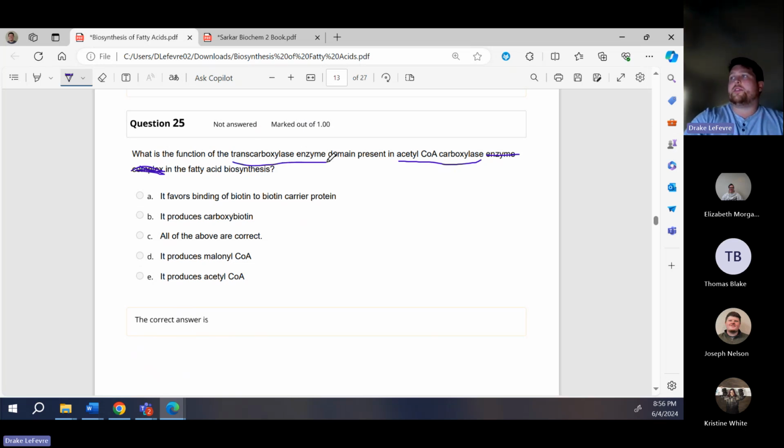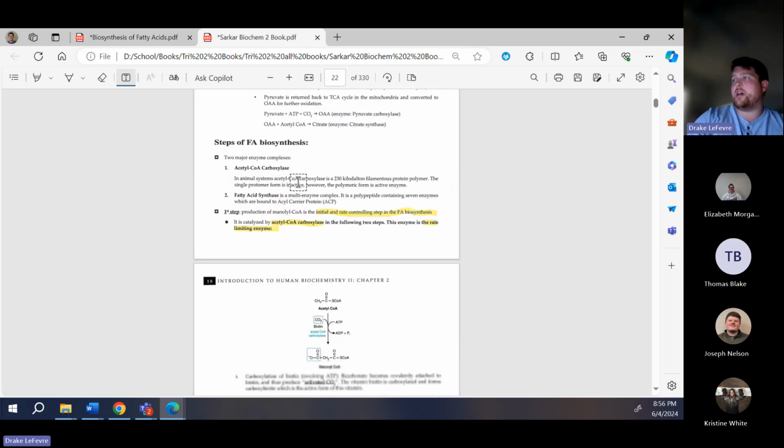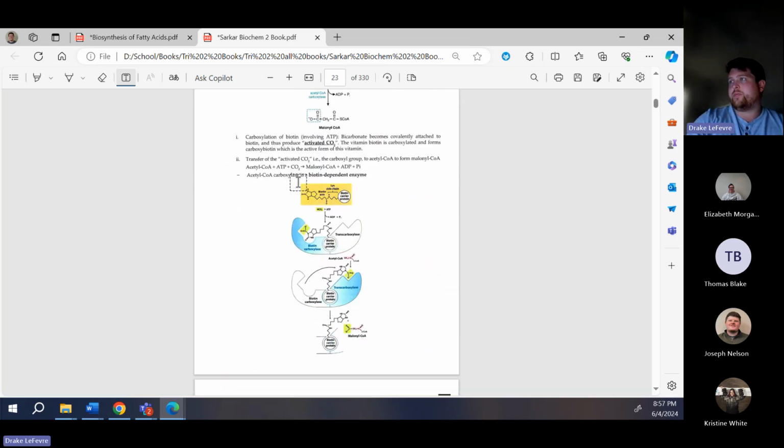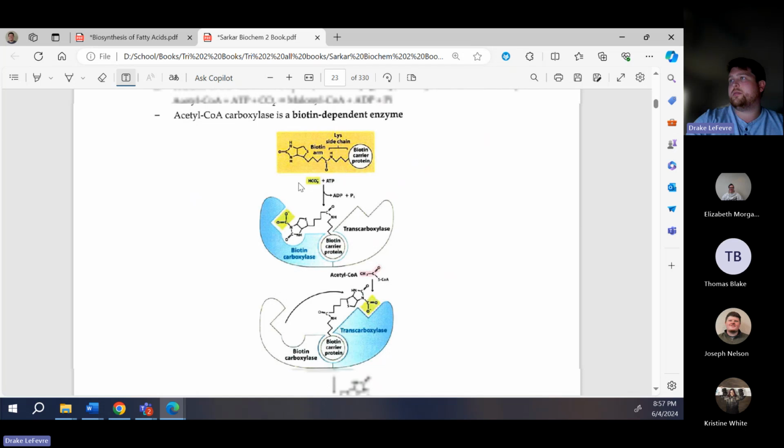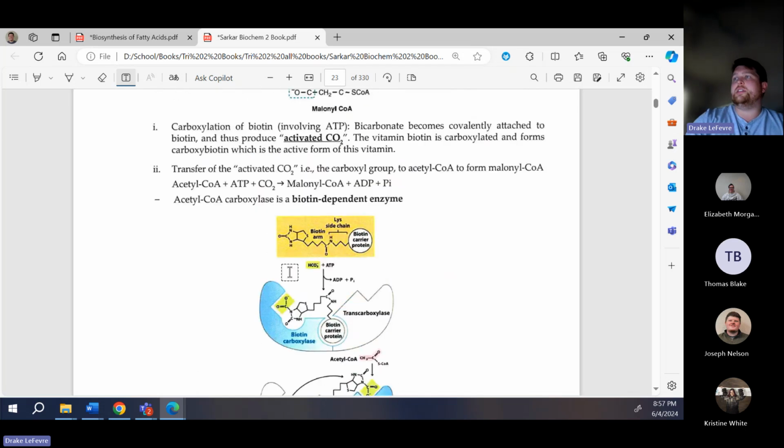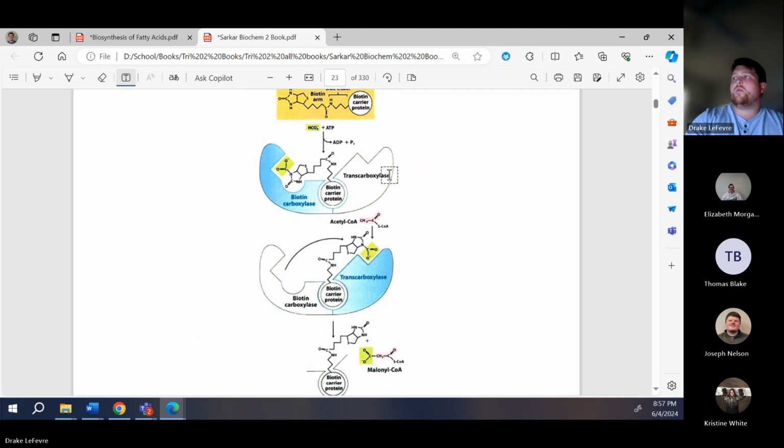There are a couple different chunks of that enzyme, which we see right here. This is a deeper look at the acetyl-CoA carboxylase, where we have a trans-carboxylase, the biotin carrier protein, and then the biotin carboxylase right there.